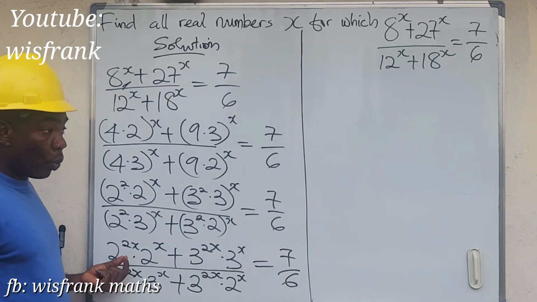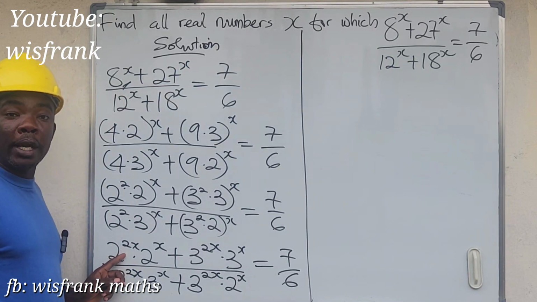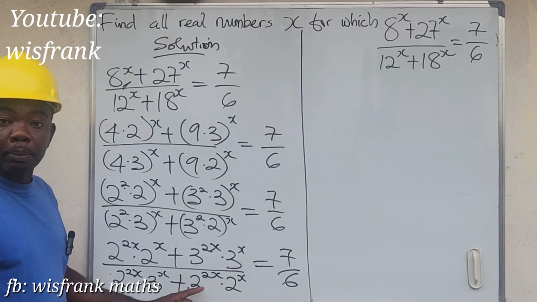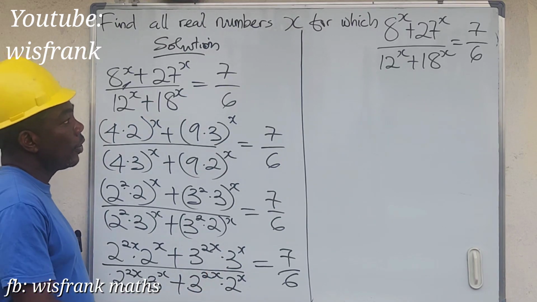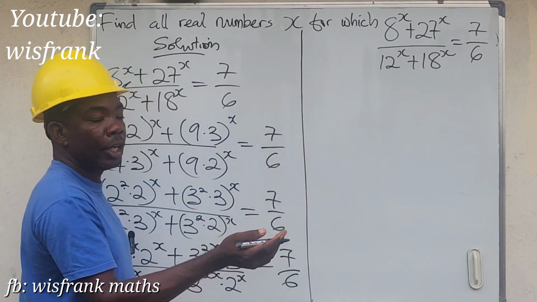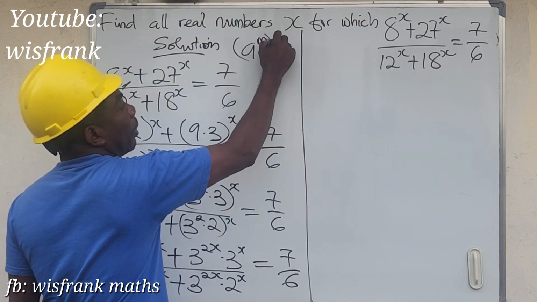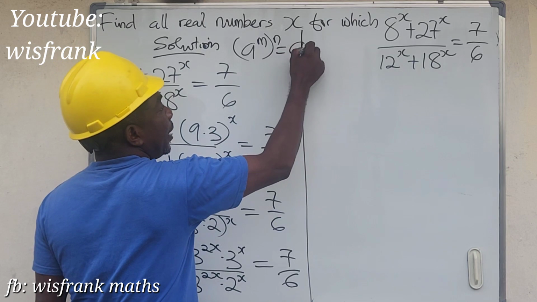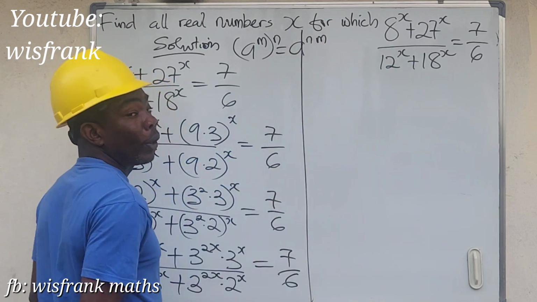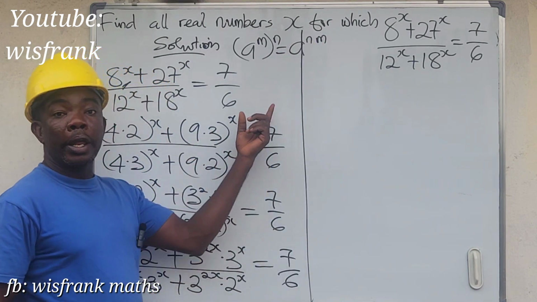So now we have 2 to the power of 2x and we also have 3 to the power of 2x. So in this case, we can interchange. When we have a to the power of m all to the power of n, it is the same thing as a to the power of nm. We can interchange the two exponents.